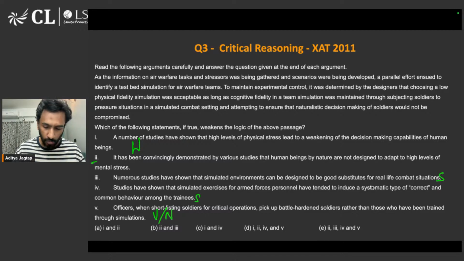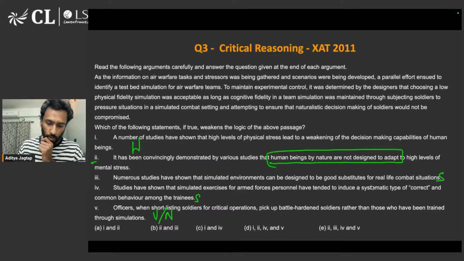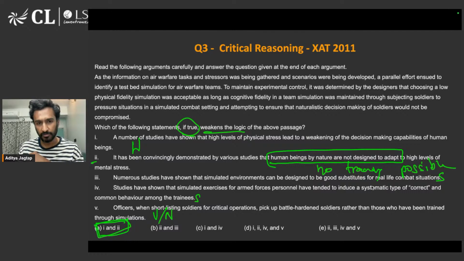Now, statement 2: it has been convincingly demonstrated by various studies that human beings by nature are not designed to adapt. So, this would mean no training is possible. Just send them to war directly. Right? We have to accept it as true. So, 1 and 2 are both weakening the logic of the above passage.